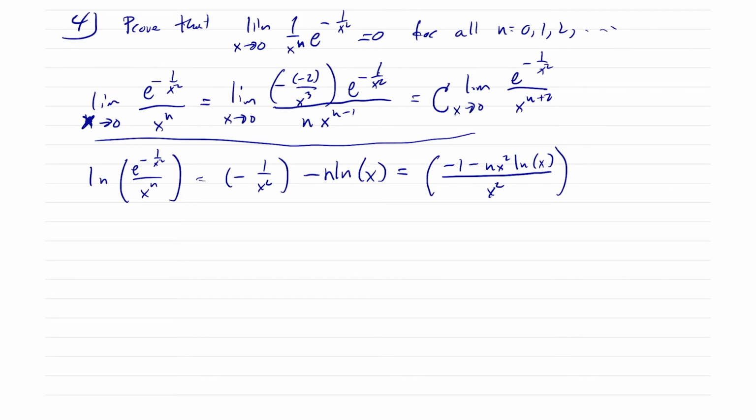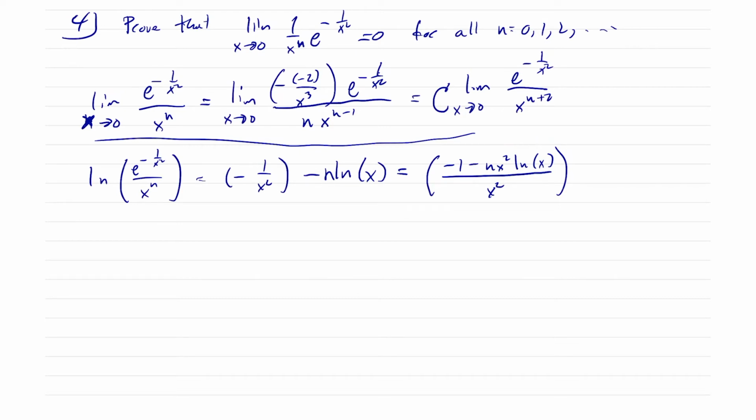And so ultimately I want to show that this is going to 0. I want to show that this term is going to 0, and so if this term goes to 0, then we want basically this to be going to negative infinity. But first we need to verify that we can even use L'Hopital's rule. Or is that even necessary at this point? So what do we have here? We have x squared ln of x.